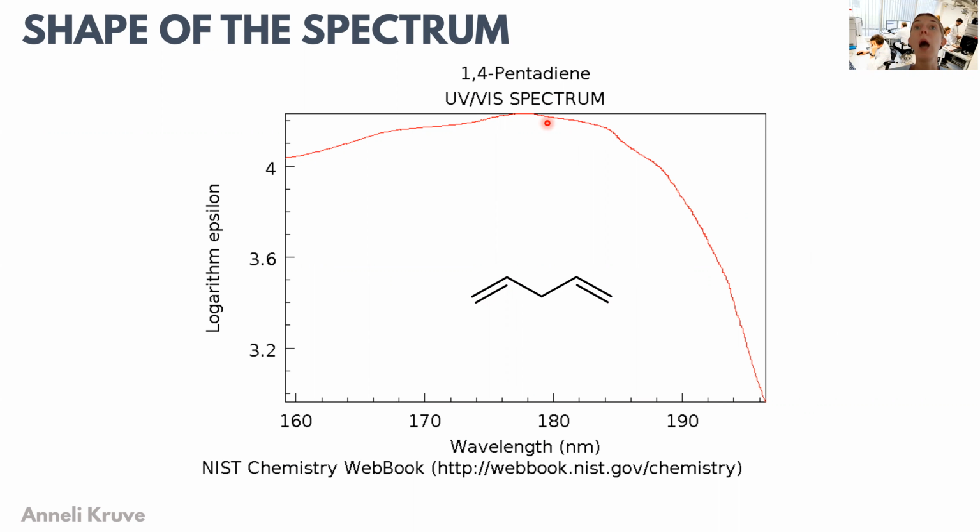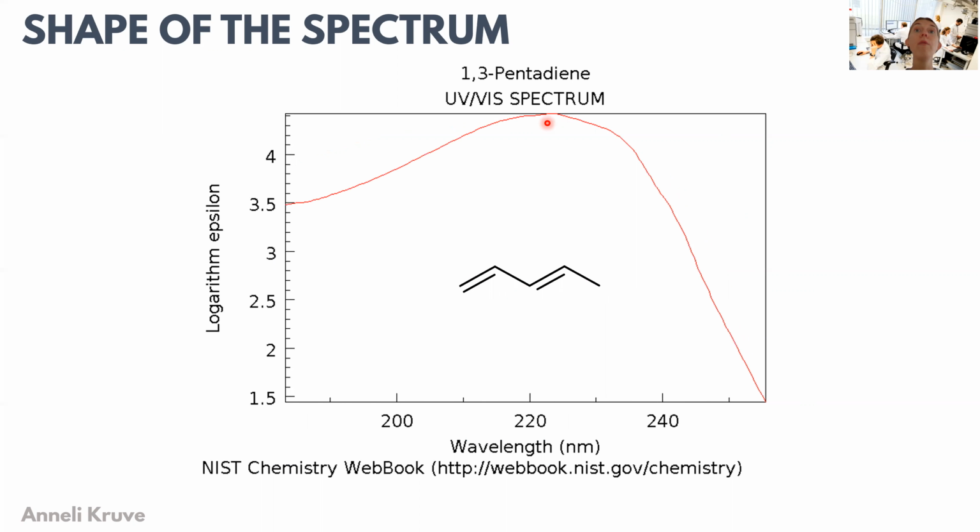Compounds which don't contain any double bonds, such as alkanes, are absorbing even at lower wavelengths. However, now when we look at an isomer of this compound, where the two double bonds are conjugated, so we can have a resonance structure where the double bond moves to the middle, then we see a significant shift in the absorption maximum.